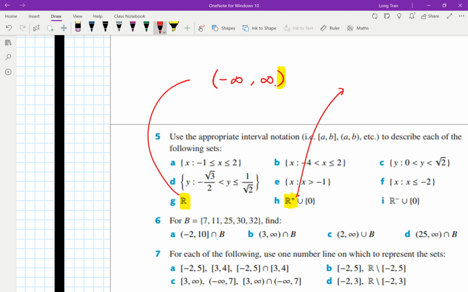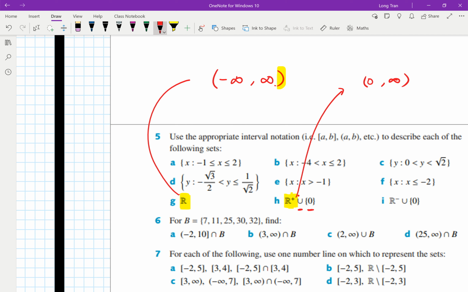Next thing is, well, what's the difference between R and R plus? R plus means all the positive numbers that you can think on the scale from 0 to infinity. The difference is when you write R plus, it also doesn't include 0. Okay? Can you see why they did union 0? Because they're saying R plus is every positive number, so 0.01 is okay, but right at 0, I don't have that number.